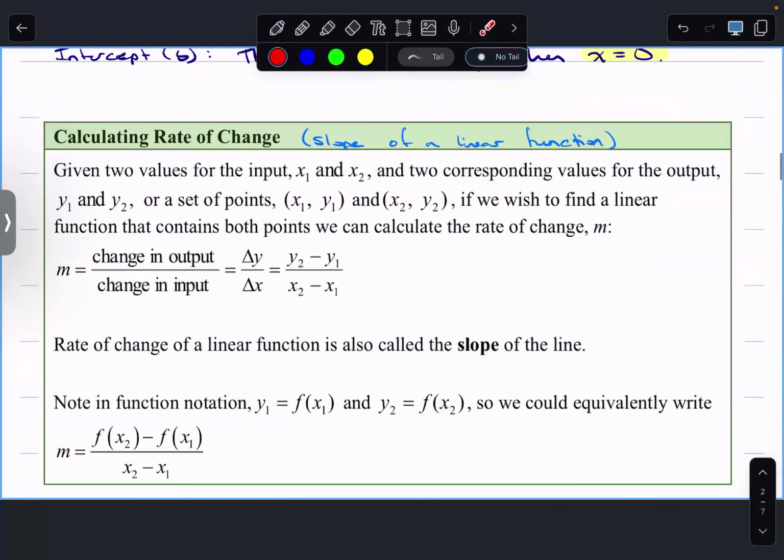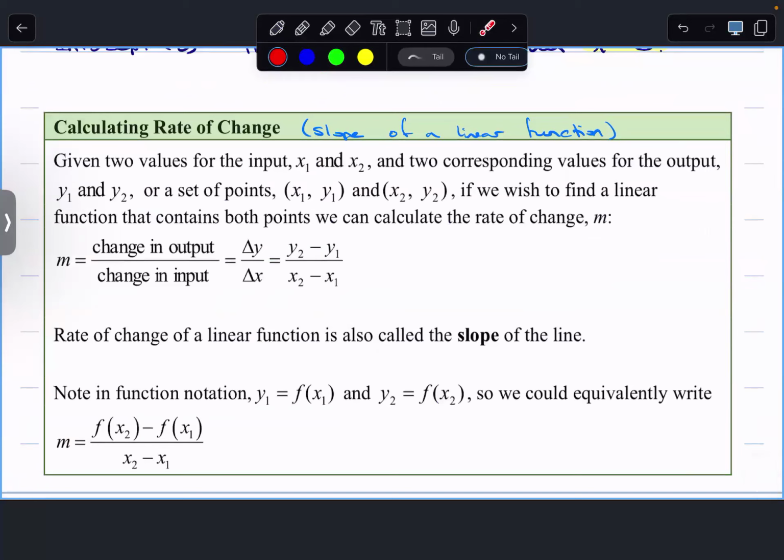With my last moment on this page, this looks familiar, right? We've already seen this. It's the average rate of change. Recall the average rate of change.